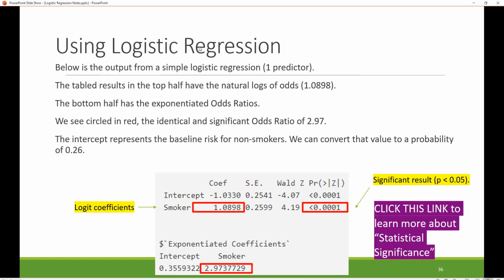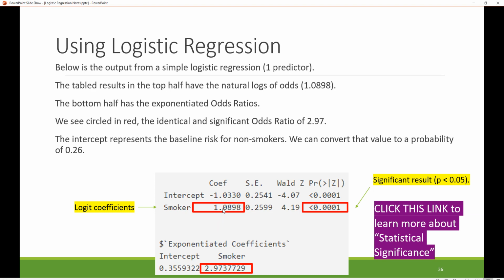Or we can also use logistic regression. Below is the output from a simple logistic regression, which means one predictor. The tabled results in the top half have the natural log of odds, highlighted in that red box. It's 1.0898.